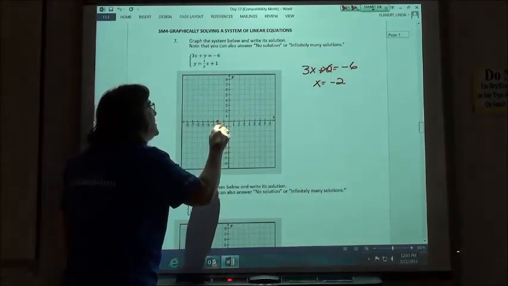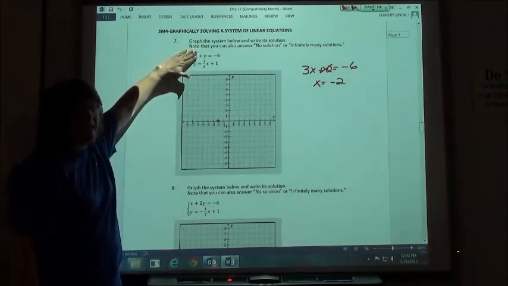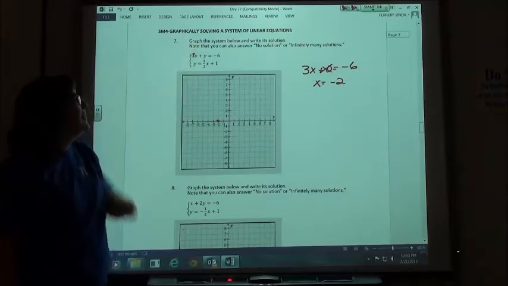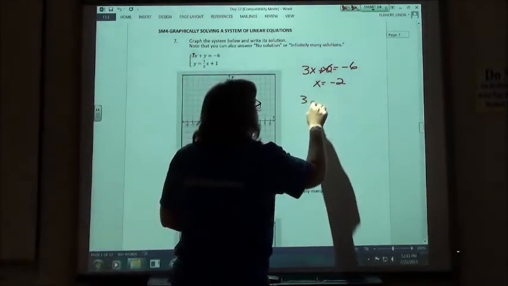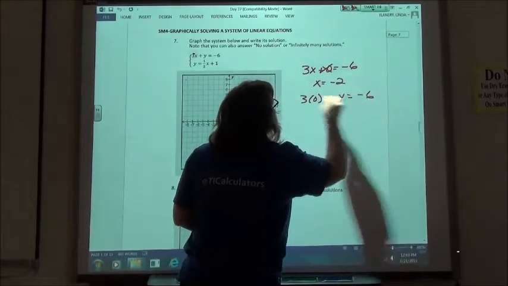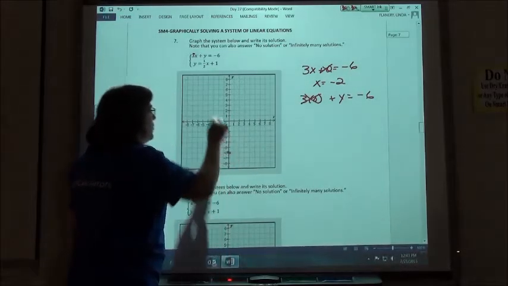So my x-intercept is -2. My y-intercept, if I put 0 in for x, is going to be at -6. 3 times 0 plus y equals -6. So that gets rid of that, and I just get the -6. So there's my first line.